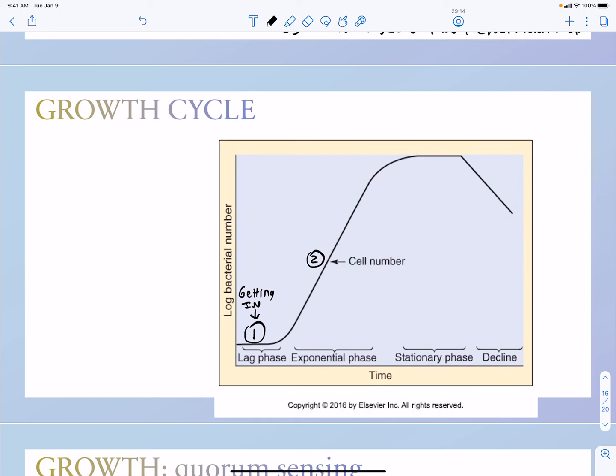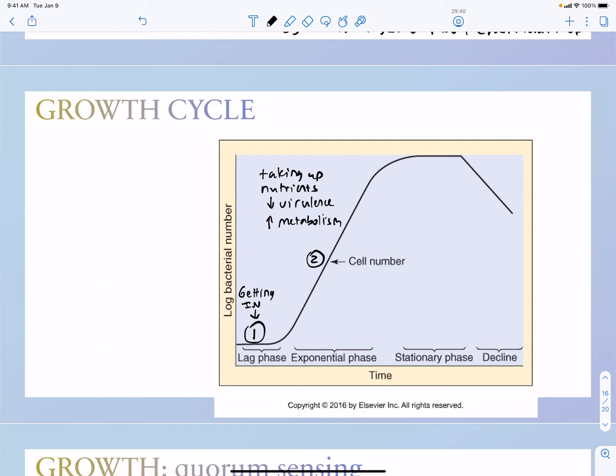And so in this exponential phase, they are taking up nutrients. They are going to be decreasing virulence, which I'll talk about in just a moment. And they are going to be increasing metabolism. They are just happy as clams. They are living the high life, and they are replicating.